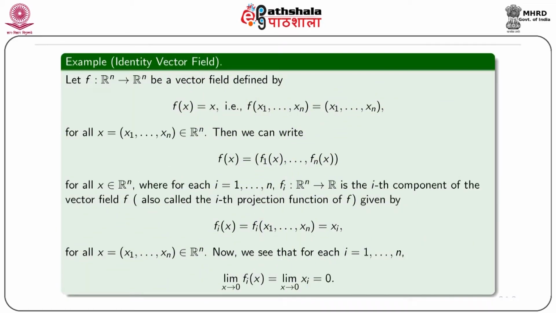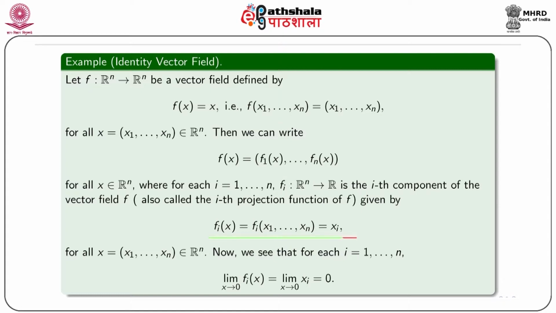Now, we are going to discuss some easy examples. First one: let F from R^n to R^n be the identity vector field, that is, for every x in R^n, F(x) equals x. Then we can write F(x) equals (f1(x) up to fn(x)) for every x in R^n. So, F_i is the ith component of the vector field F. Sometimes we call this the ith projection function of F. So, here we find F_i(x) equals F_i(x1, x2, up to xn), that is, x_i.